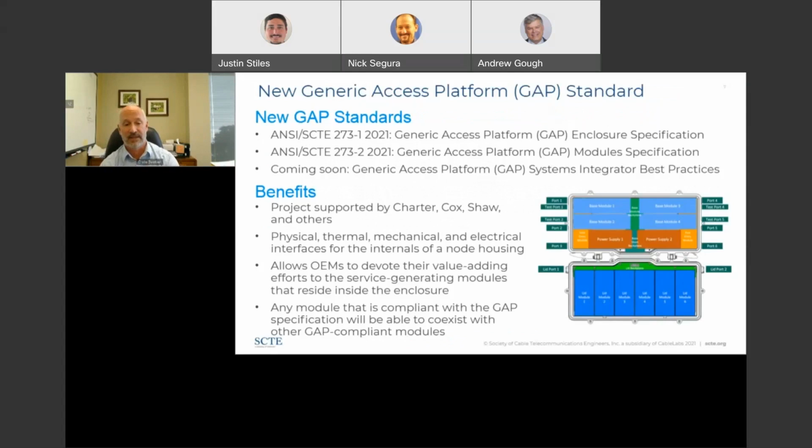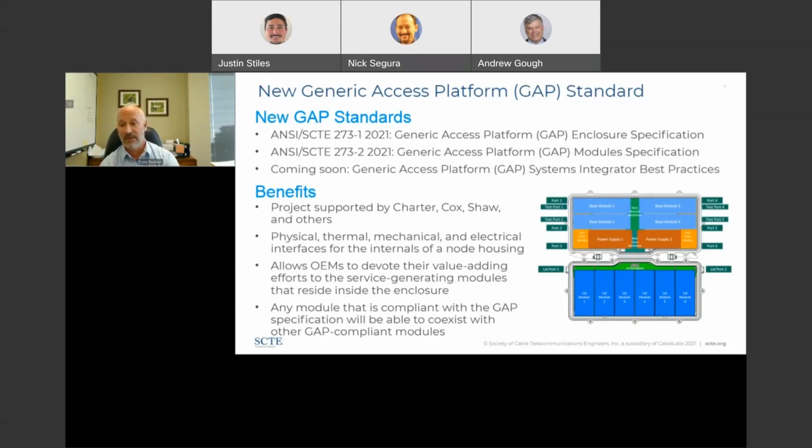It's basically looking at completely standardizing the clamshell so that all of the innovation and the evolution of the network that the vendors are focusing on, they can just take it for granted that the enclosure is standardized, and they're looking to optimize the modules that they're preparing for insertion into the node.